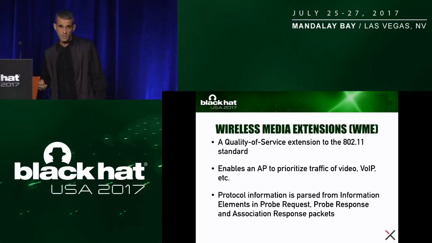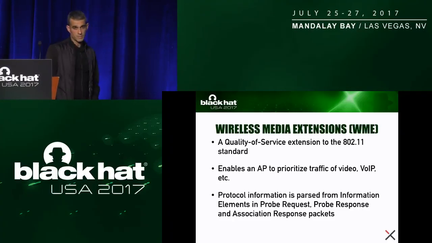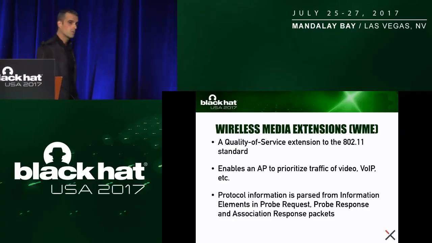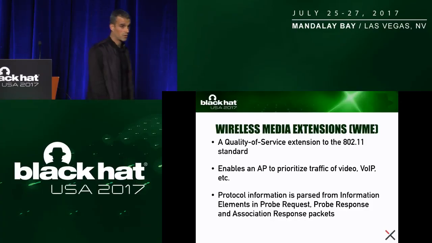So there's a protocol in Wi-Fi known as the wireless media extensions. We don't need to really go into too much depth about what this protocol does. It's designed to let the access point know about quality of service requirements.